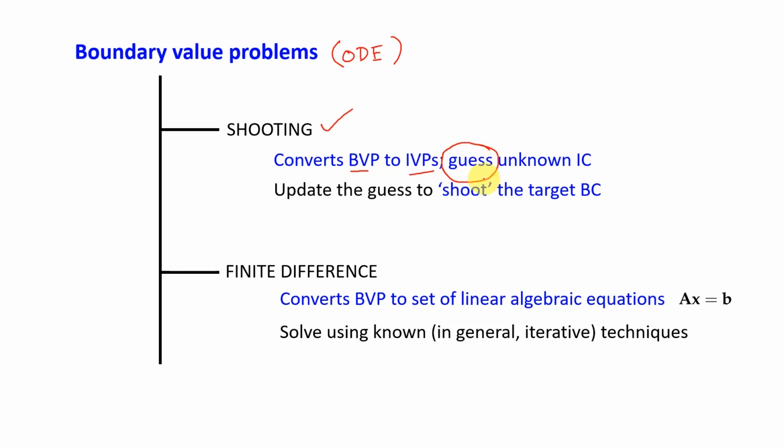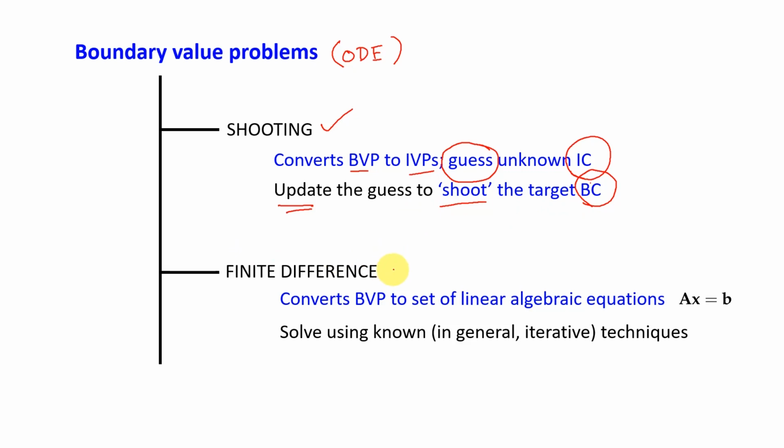Then, from those, we have to shoot the target BC, the boundary condition that is given to us. And to shoot it properly, we have to update the guessed initial condition. At the end, our initial condition will be such that the target boundary condition is achieved, and at that point the shooting is closed.